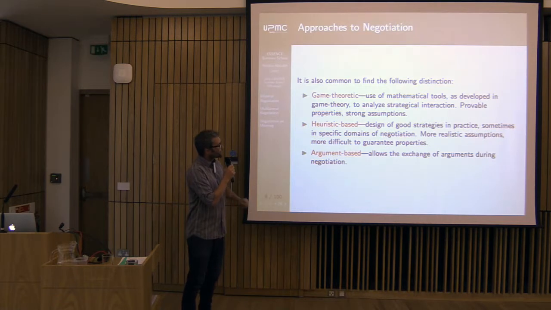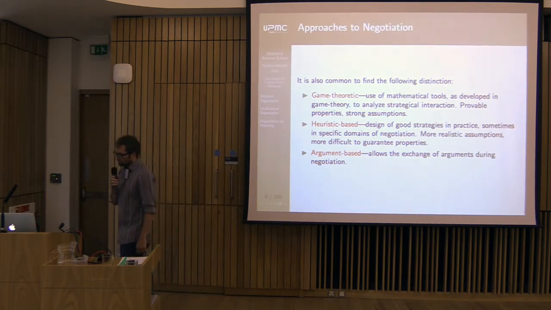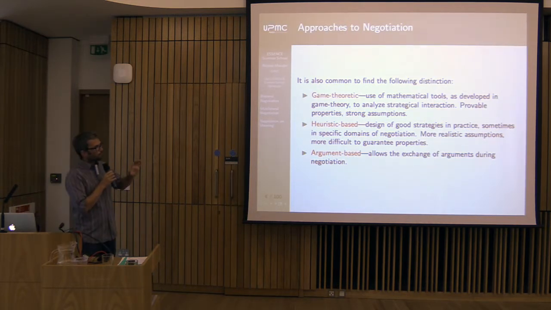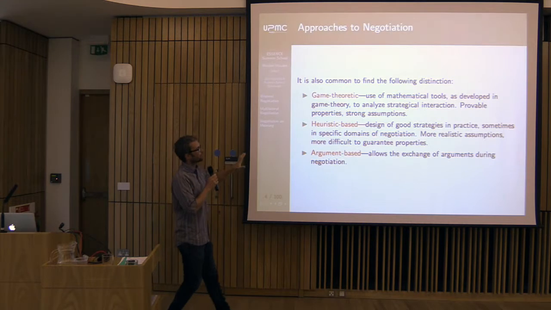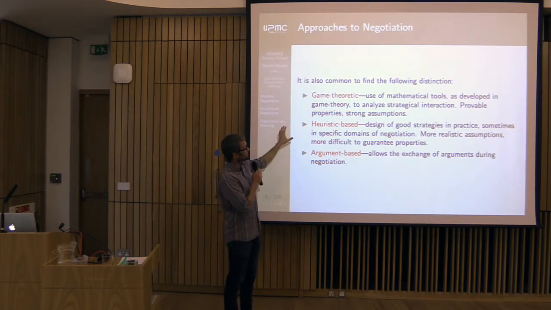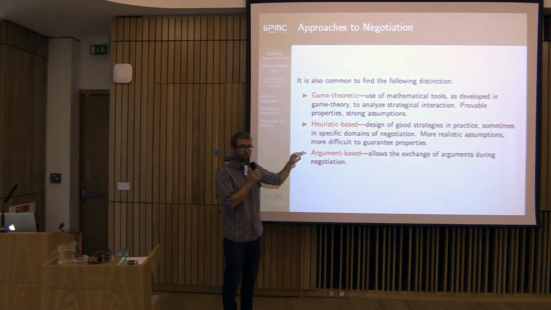So, first of all, there is a common distinction that you would find in many of these books between game theoretical approach, where you have mathematical tools as developed in game theory, and you try to analyze with these mathematical tools the interaction. So you have very nice provable properties, very strong assumptions of rationality in particular.